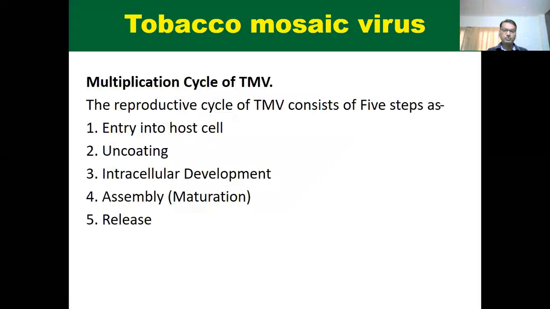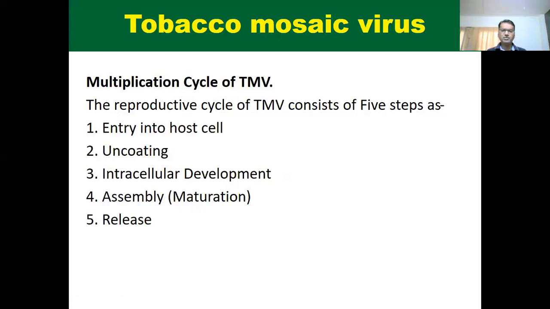Okay, so friends, the multiplication cycle of TMV. Multiplication is the process where the virus increases its number. The number of virus copies increases at that place.